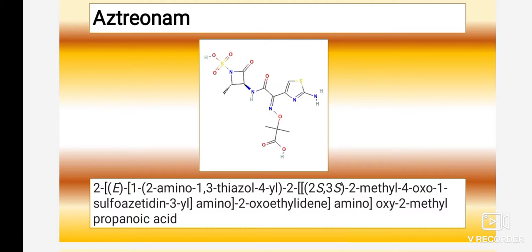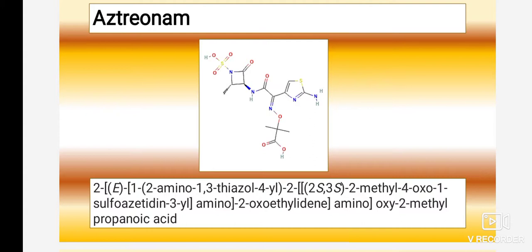There is a presence of a chain which contains 3 carbon atoms, so it is a propane. To that propane there is a functional group, a carboxylic acid, so it is a propanoic acid. And to that propanoic acid there is a substitution of a methyl group at second position. You have to give the number from the carboxylic acid. That carbon will have the first number, then second, then third.